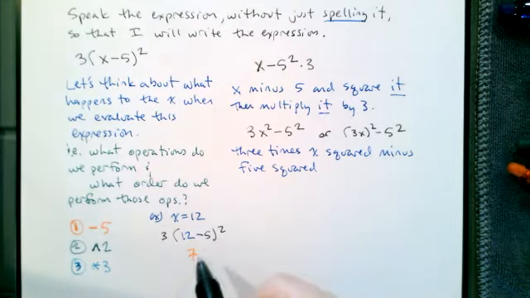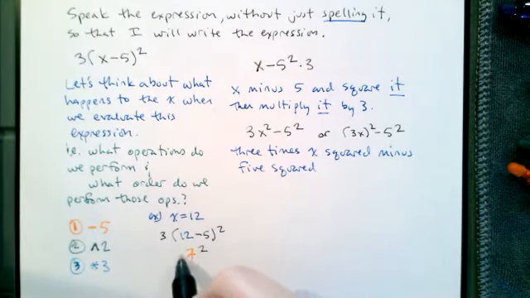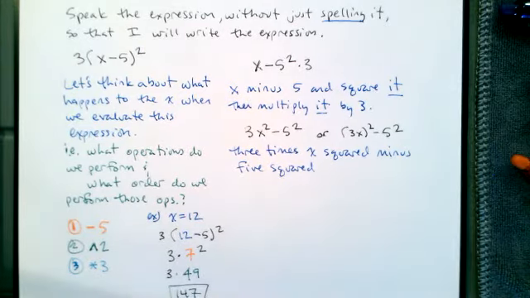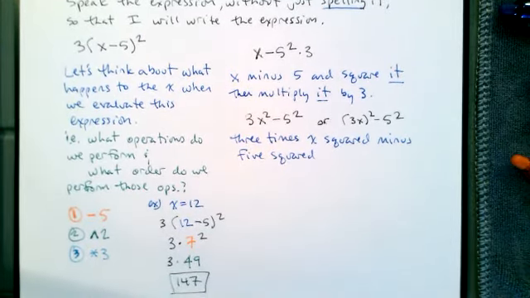The 7 still has to be squared, and there's still some multiplication by 3. The second operation that we perform is the exponent, because exponents go before multiplication. 7 squared is 49. This is still being multiplied by 3. And then finally, we arrive at 3 49s, which is 147. That's just how I multiply. I do it in parts.